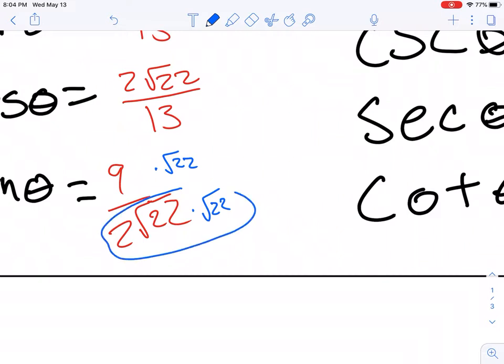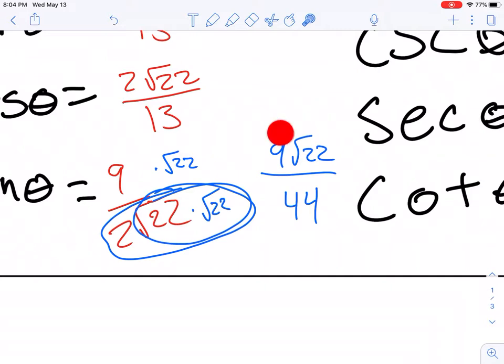Down here, the square root cancels out to just make a regular 22 times 2, which is going to give me 44. And then up top I have 9 rad 22. I'm checking, these will not reduce, so I am done and found that one.